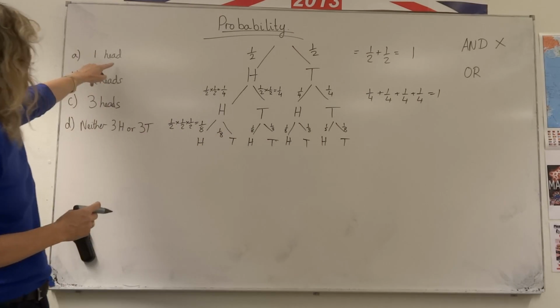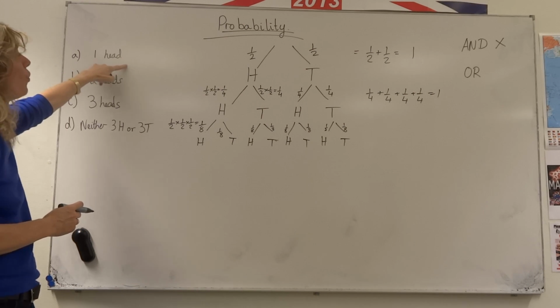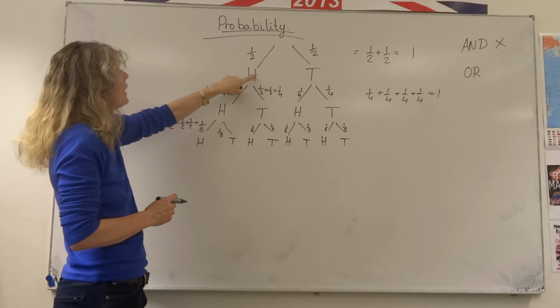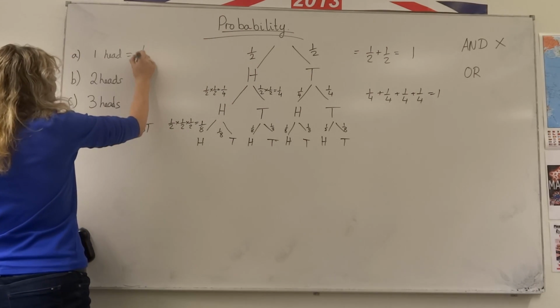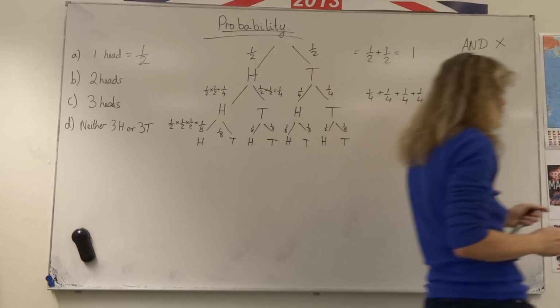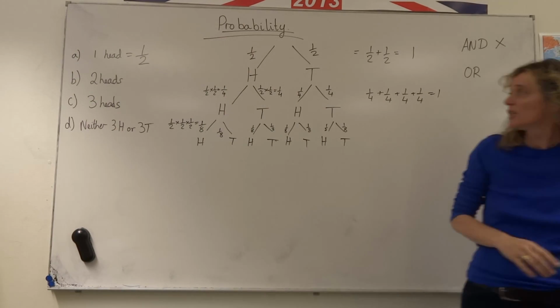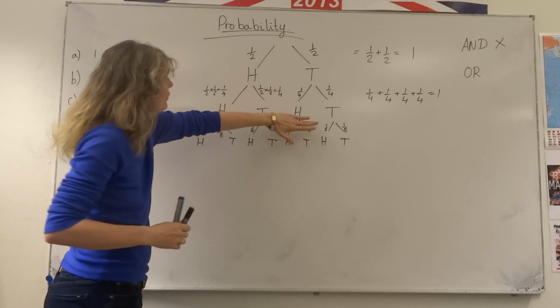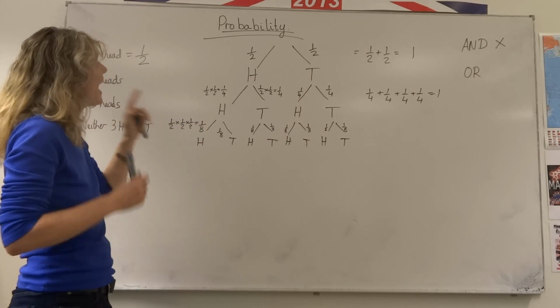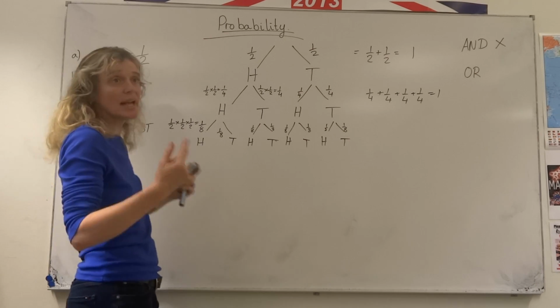So if I was to say, what's the chance of me getting one head? I'd look at the probability on the tree here. It's a half. What's the chance of me getting 2 heads? Well, I'd have to look at the second level of the tree, I'm not bothering about the third at all. I'd have to say, is there anywhere where I get head and head?